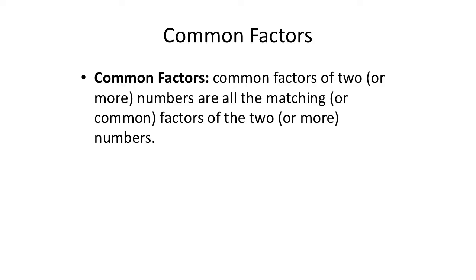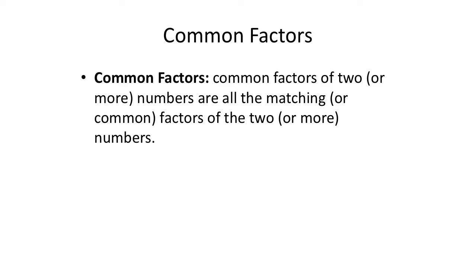So common factors, okay, when they give us two values, and again, this would be in fractions in some way or another. But when we want to find common factors of two numbers, we're just looking at making a list of all the factors, which we did in the last lesson, by the way, right? We want a list of all the factors of a given value, and then we just, I guess, find any matches in the two lists.